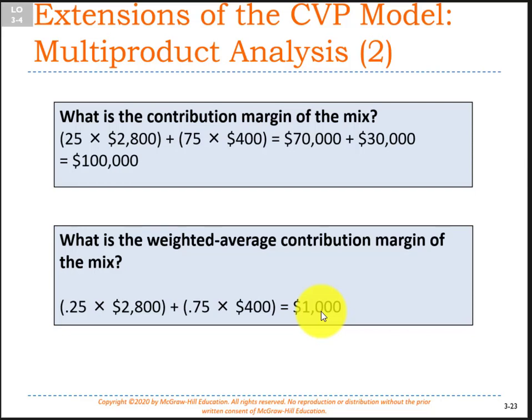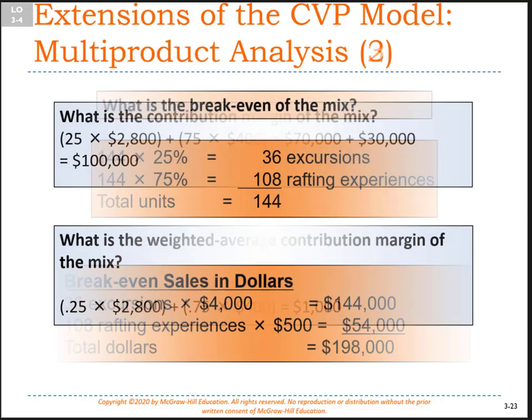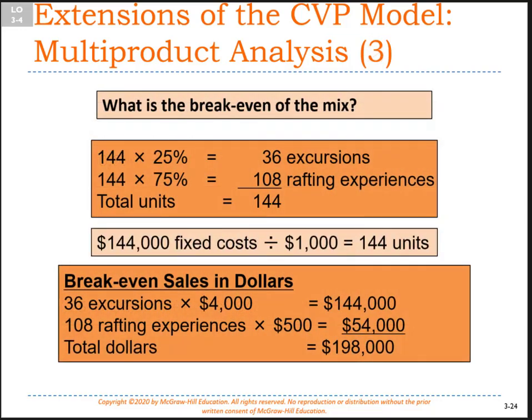We can simply take our fixed costs and divide it by 1,000, just like if it was the contribution margin of a single product. So 144,000 divided by 1,000 equals 144 trips. That's our break-even point now that we have two different products.